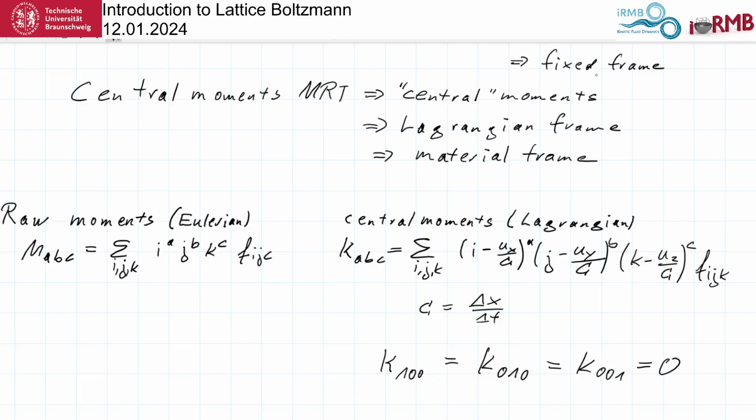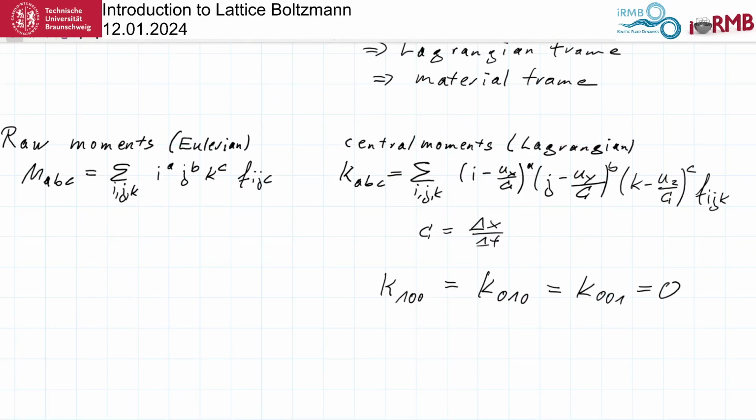So we choose u_x, u_y, u_z in such a way that the first order central moments disappear. This is their definition. Okay, then it is possible to translate between raw and central moments using the binomial transform.